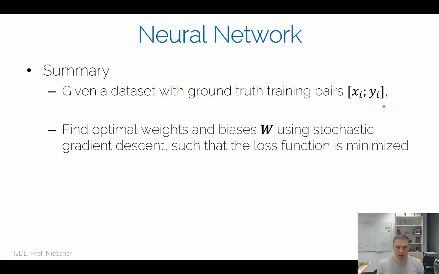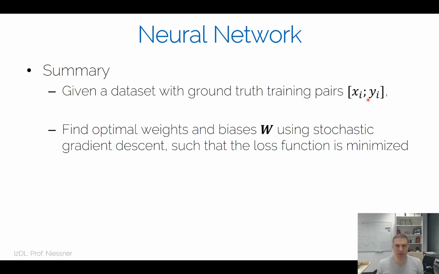These are our y's. What we would like to do now is figure out how we can fit this neural network, this complicated function that we have just defined, such that it best explains our training data set, meaning that it makes the same predictions as the ground truth would.